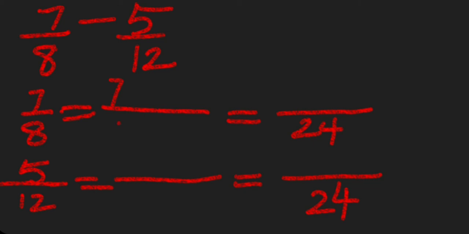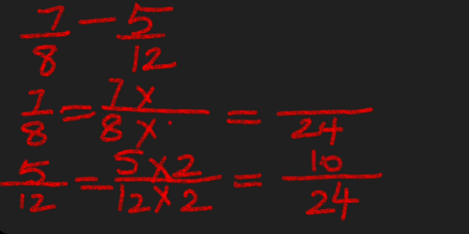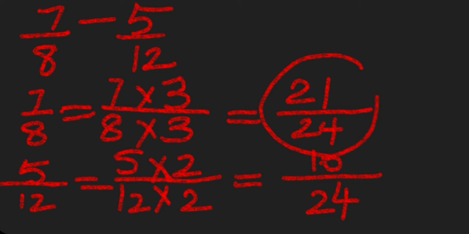Now write the numbers as they are, 7 upon 8 and 5 upon 12, with the multiplication sign. So 12 should be multiplied by 2 to get 24. So multiply the numerator also with 2. So I'll get 10 here. Multiply 8 with 3 to get 24. So I have to multiply the numerator also with 3. So I'll get 21. So my new numbers are 21 upon 24 and 10 upon 24.